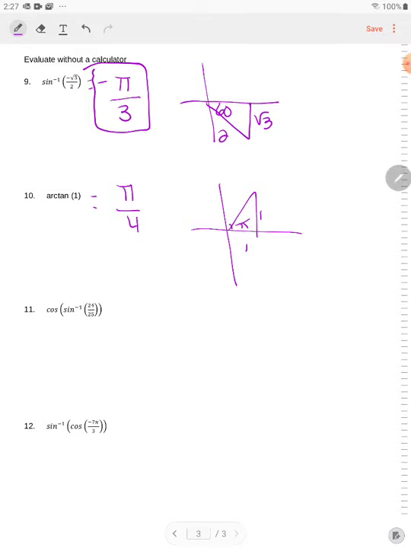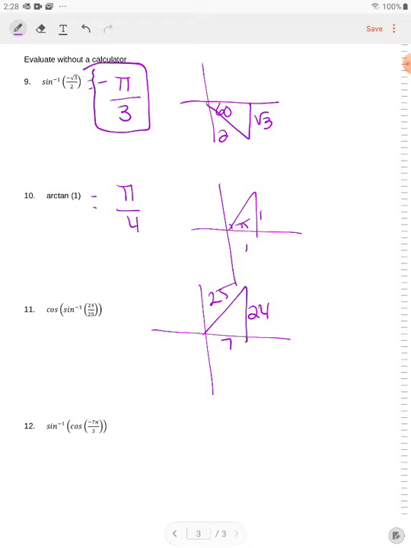Okay, let's look at this one. Cosine of sine inverse of 24 over 25. Again, when you're given values that are not your 1, 2, or root 3, you're going to need to draw a picture. Okay, 24 over 25 is positive, so we will draw it in quadrant 1. Sine is opposite over hypotenuse, and I believe that's a 7. I'm going to double check that. If I do 7 squared plus 24 squared, we get 625, and then if I check 25 squared, I get 625.